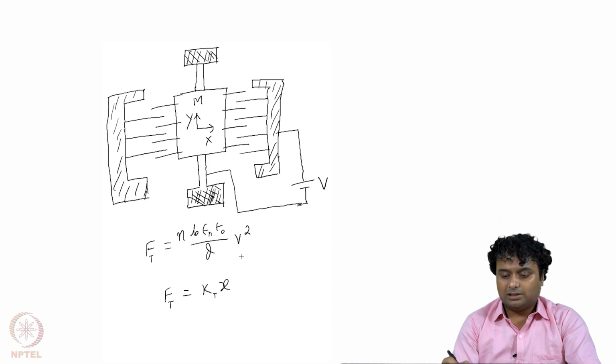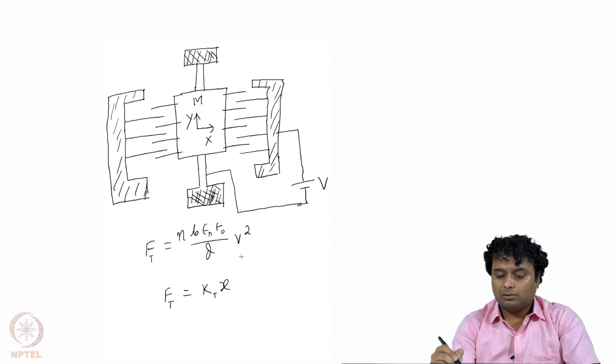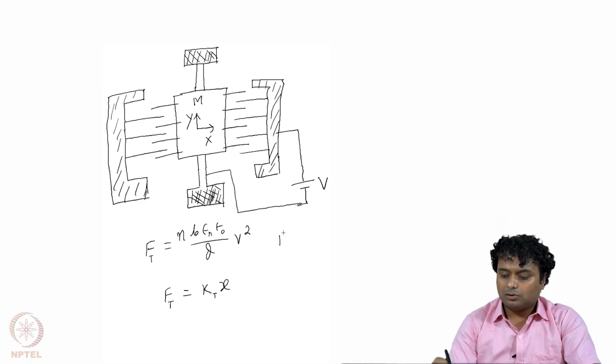changing the voltage, okay. Another point to note is that the static combs and the movable combs are arranged such that there is no resultant force in the y direction. So in this direction, the normal force F normal is equal to 0.